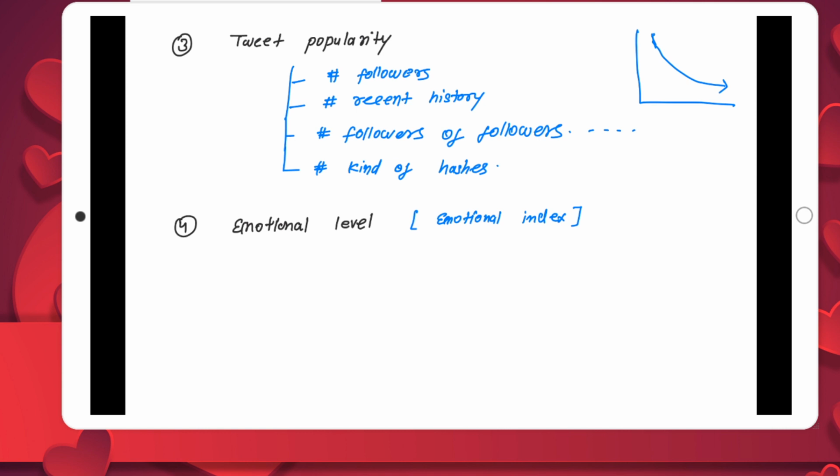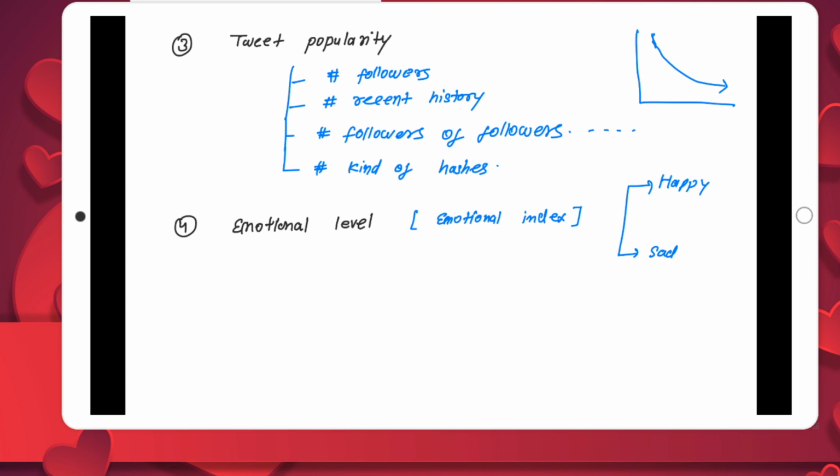Emotional index means how sad or how happy that person is. Otherwise, you can say this is a kind of emotion classification. But when we say emotion classification, it will be discrete values, some kind of emotion like angry, happy, surprised.